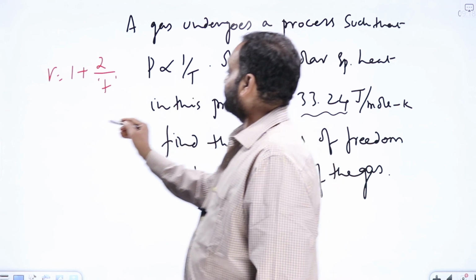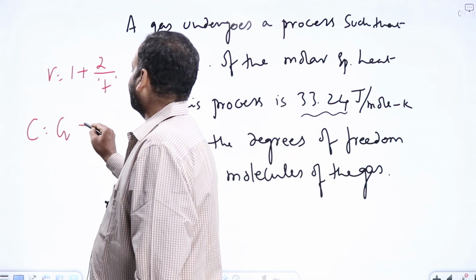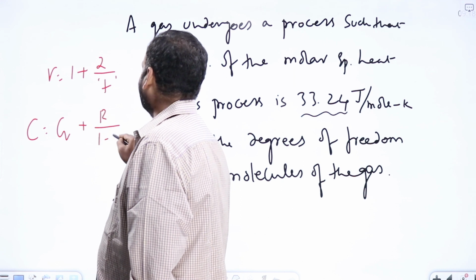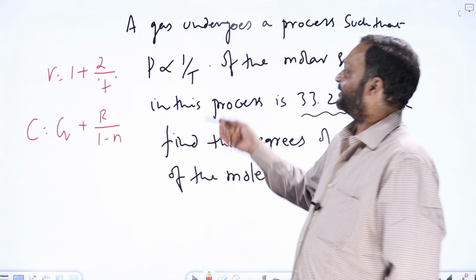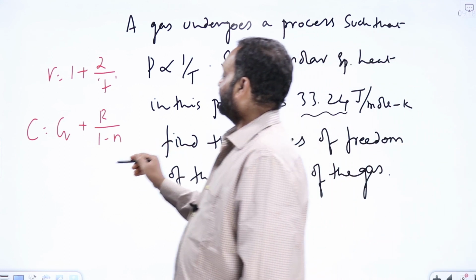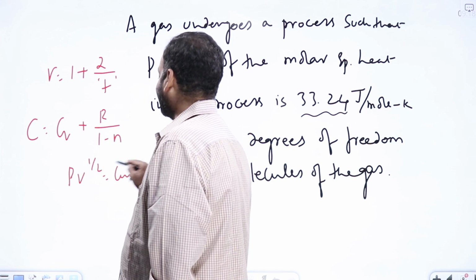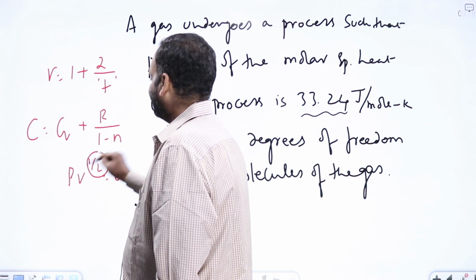For such a polytropic process, the molar specific heat C equals Cv plus R by (1 minus N). I am directly taking the result from the previous problem. For P proportional to 1 by T, we got the expression PV to the power half equal to some constant, that is polytropic exponent N equal to half.